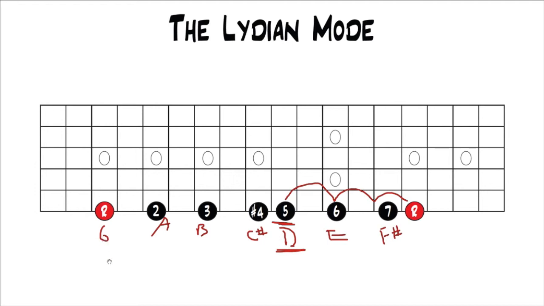So if you start on D and count up to the 4th mode, D, E, F sharp, G. G is the 4th note of the D major scale, so building a mode off the 4th note gives you the Lydian mode. So G Lydian is the Lydian mode in the D major scale. And again, if you want to figure it out yourself, since Lydian is the 4th mode, you would count back from the root of Lydian, so 1 would be root, 2, 3, 4, that's where your parent major scale is.